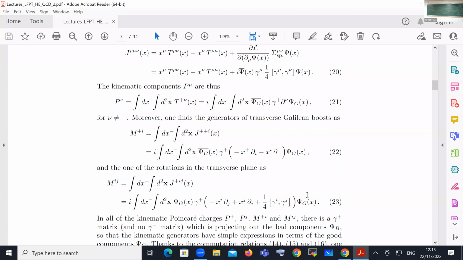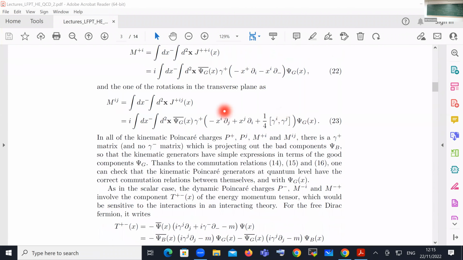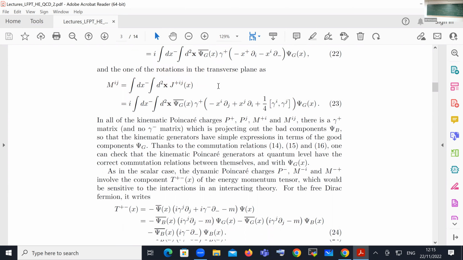And so if you study that, remember that this was appearing in the generator of rotation within the transverse plane.